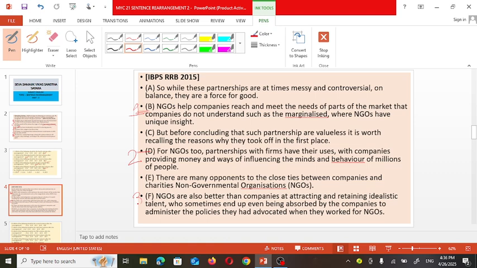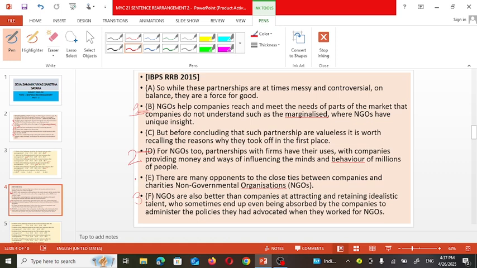So F. See here, NGOs are also better than the companies at attracting and retaining idealistic talent, who sometimes end up even being absorbed by the companies to administer the policies they have advocated when they work for NGOs. This F statement supports statement D and tells about the edge of NGOs over the company.